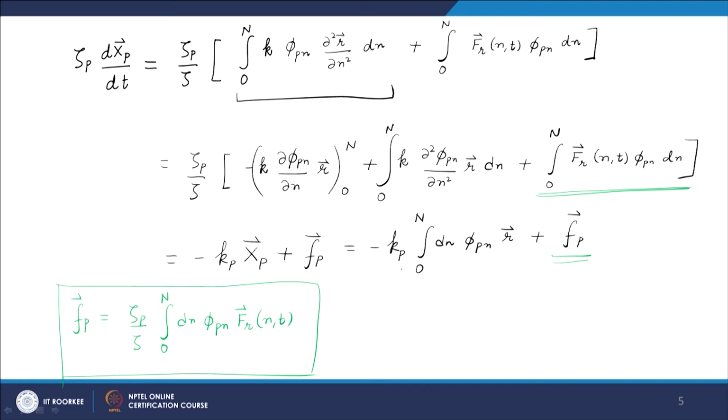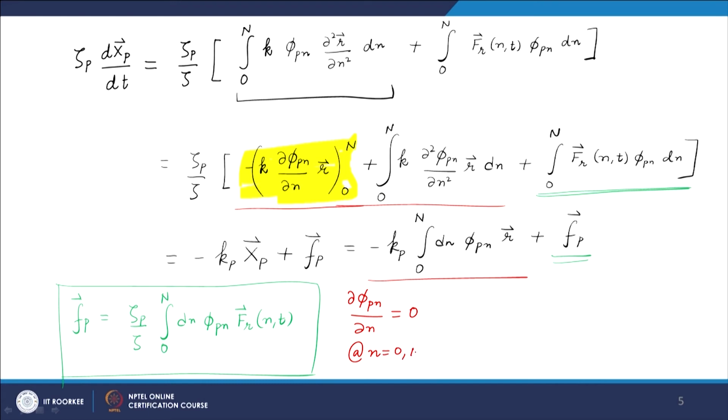Now, I look at the other term here. So, this term right here has to equate to the two terms right here. So, in that the first term I will set it to 0 by assuming that dou phi Pn by dou n is equal to 0 at n equal to 0 and n.